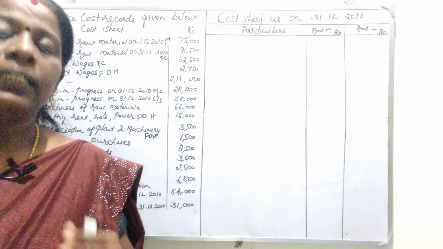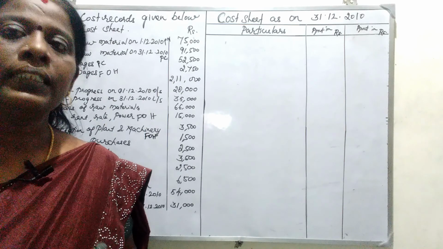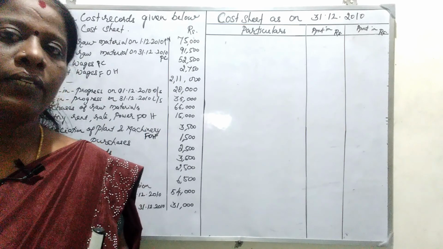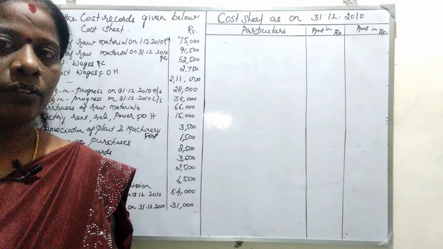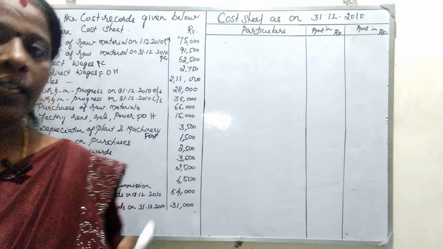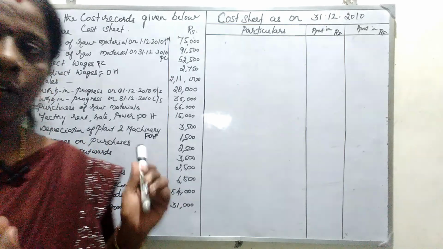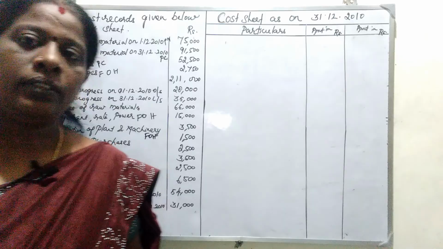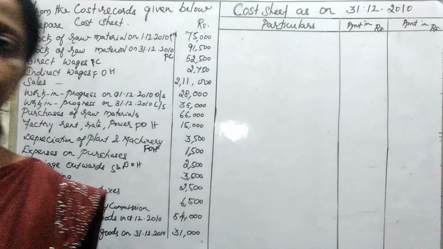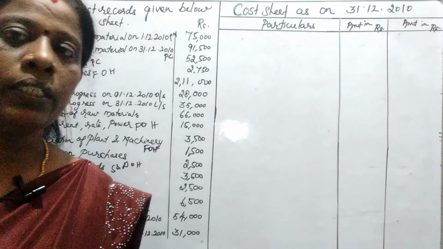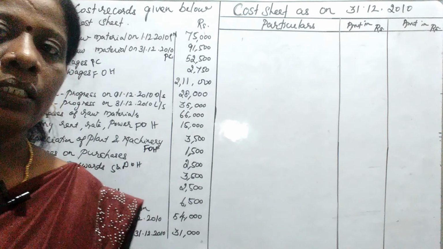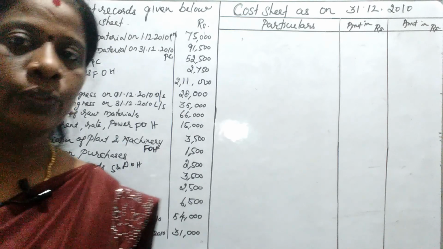Inwards means raw material taken from outside to the company. Likewise, carriage outwards means the finished product going out of the company for sales.